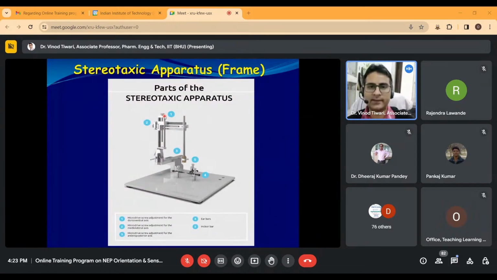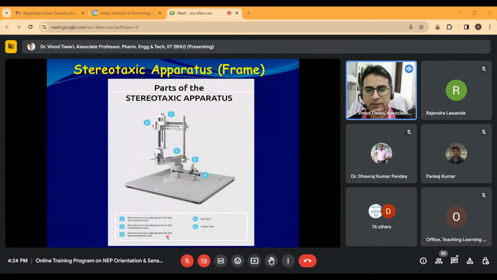In a similar manner, there is a second macro drive screw, which is number two, that is for the mediolateral axis. Mediolateral axis means if you want to move left or right. So depending upon which part of the brain you want to inject and where it is present, according to the brain atlas, you can do the fine adjustment using this macro drive screw.